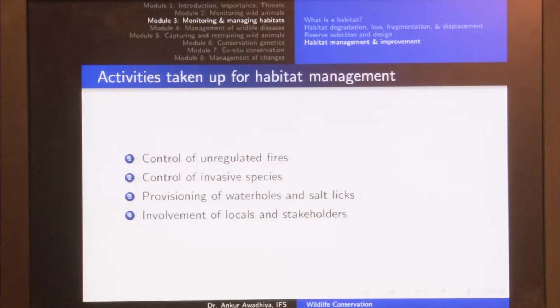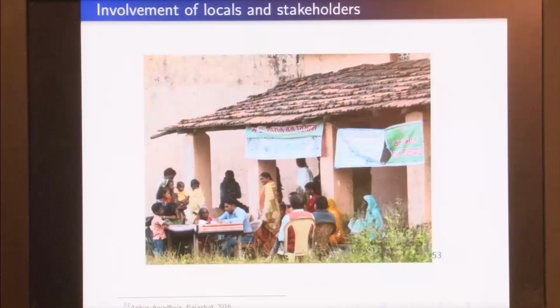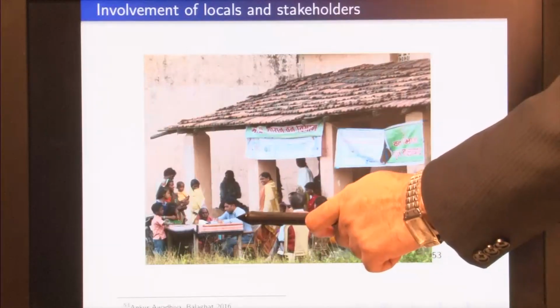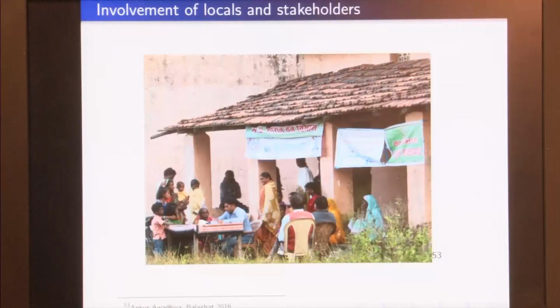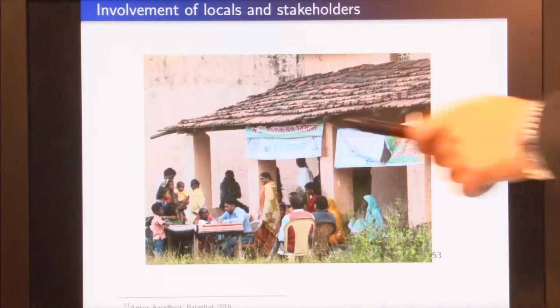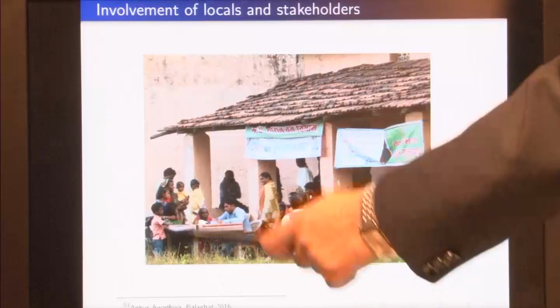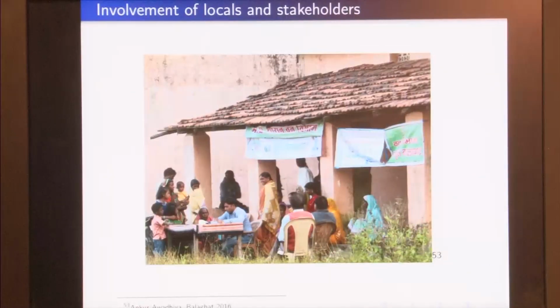Another thing that we do for habitat management is the involvement of locals and stakeholders, and to gain their trust we also have a number of activities. This activity is showing us that we brought a doctor into the area and we had a free health checkup camp in that area. Essentially, when we are benefiting the local villagers, they become more tuned to our cause of habitat protection.